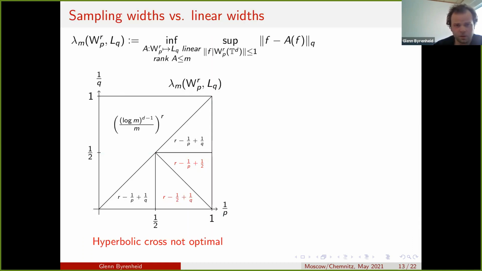Now let us have a look at optimality of these rates. For sampling approximation, a benchmark result is given by linear widths. Linear widths simply describe the best worst case approximations of f belonging to the unit ball of our Sobolev space, in this case by linear operators having rank m.